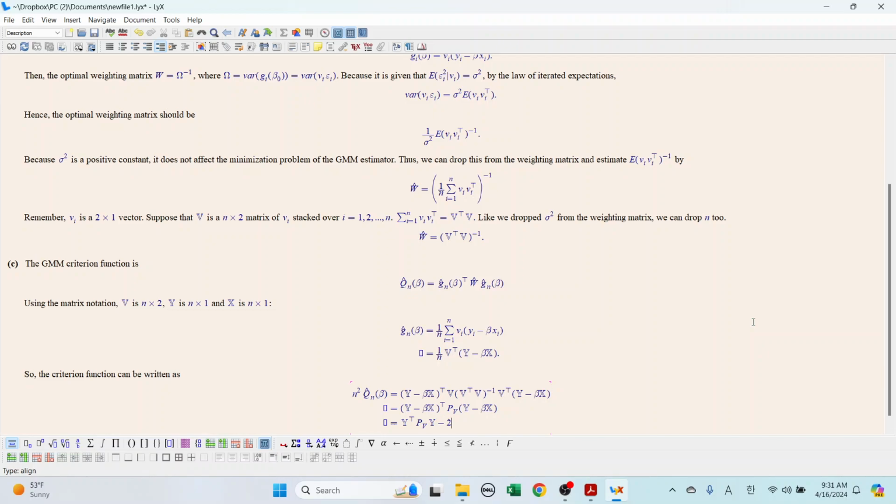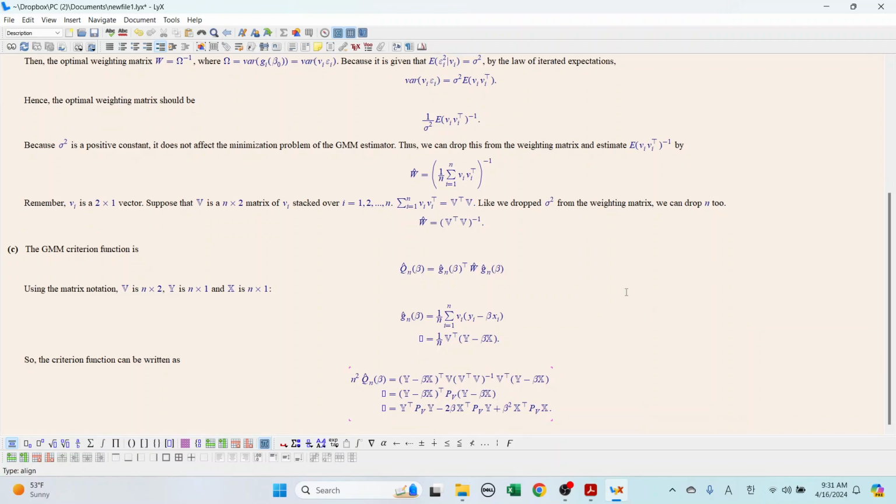The first term and second term will be 2 beta times something with P_V, plus beta squared times this one, okay?